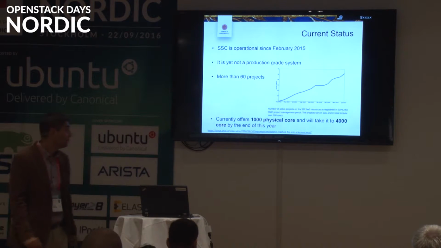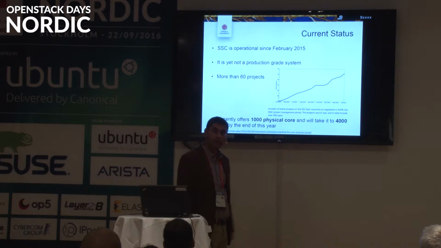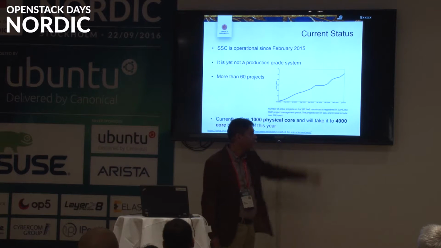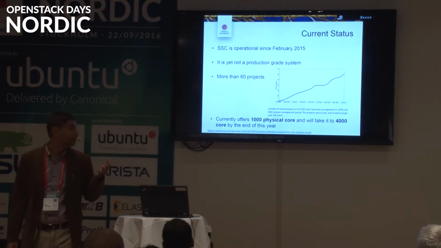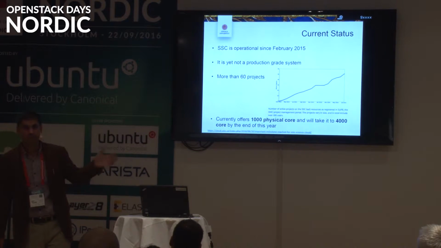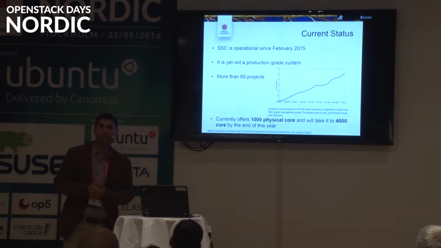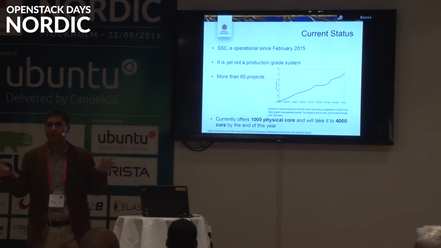But still, it is very interesting to see that from March 2015 till July this year, even if I include the ones that we have added after that, we have more than 65 projects in the system, and the size of each project varies.